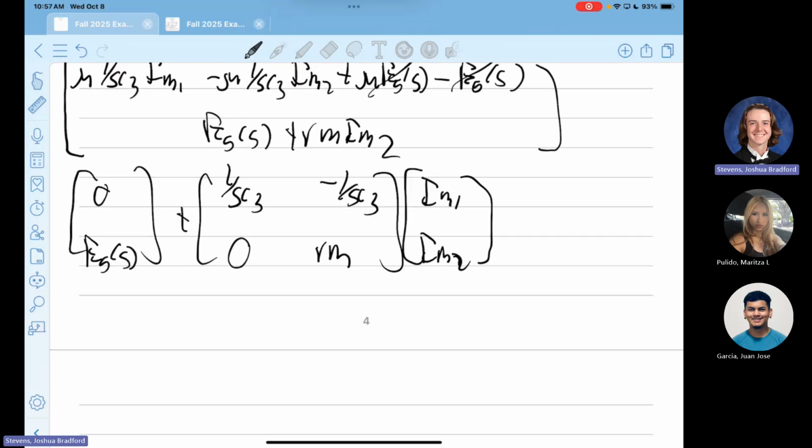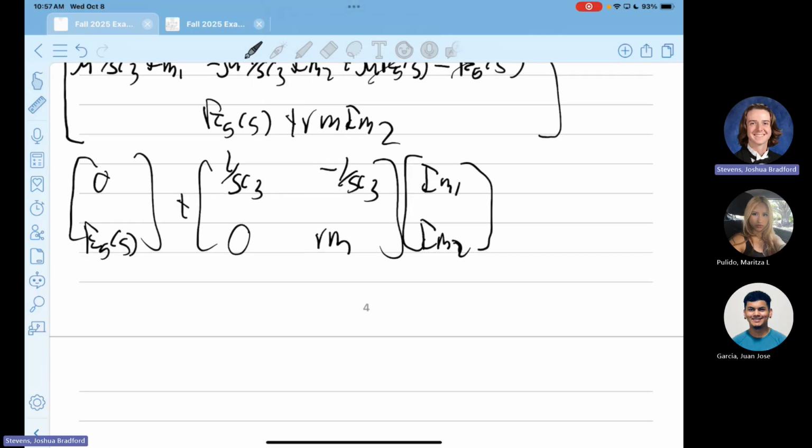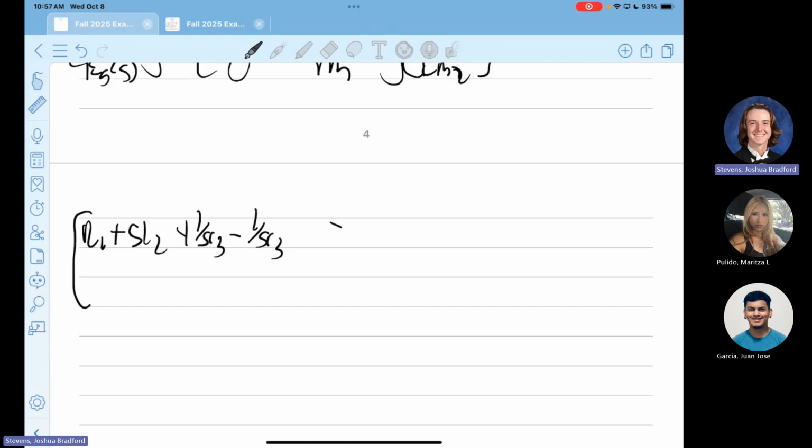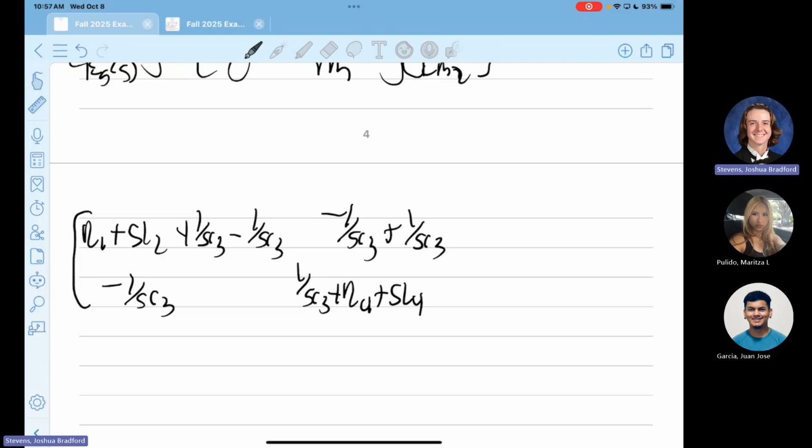So now I'm going to subtract everything over. Okay. So when I do that, I get a left side of R1 plus SL2 plus 1 over SC3, minus 1 over SC3. I get a minus 1 over SC3, plus 1 over SC3 minus 1 over SC3. And then finally 1 over SC3 plus R4 plus SL4 minus RM.